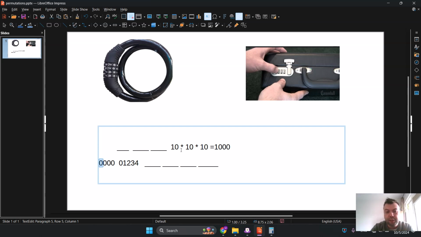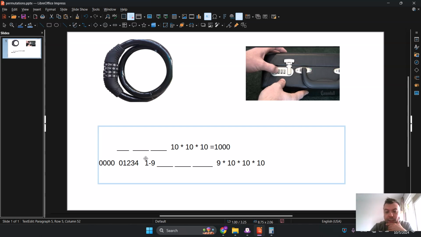So instead of 10 times 10 times 10 times 10, you will have to change the first factor to 9: 9 times 10 times 10 times 10. Because in the first position you can use numbers from 1 to 9, but in the other positions you can use numbers from 0 to 9.